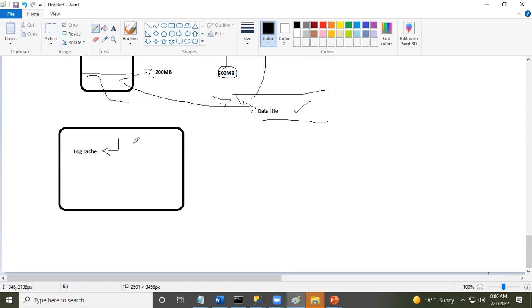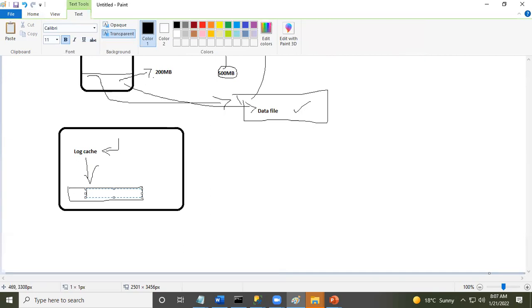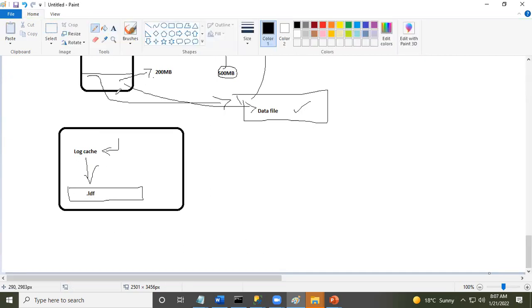From the log cache, it is written to the transaction log file, that is the LDF file. So modifications are written to the log cache in memory first, and a separate log writer thread writes it out.